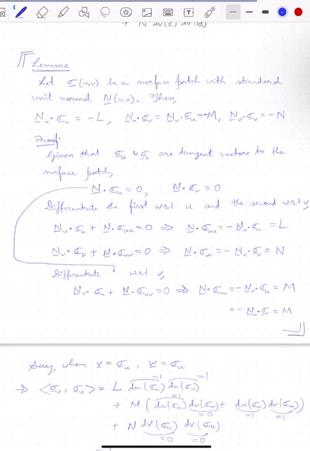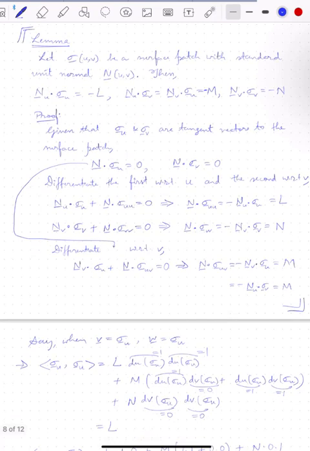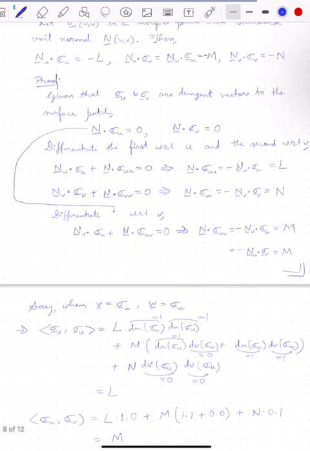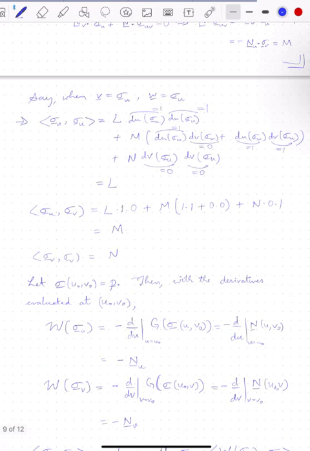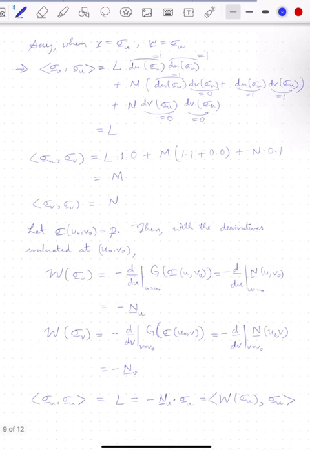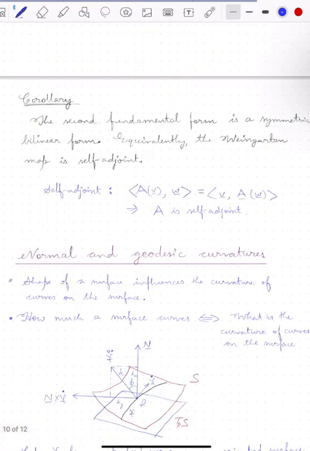Okay, and then we could define L, M, N and also shown that W of minus N_u dot sigma vector U is equal to L, which is also the bilinear form defined on sigma U and sigma U vectors, right?